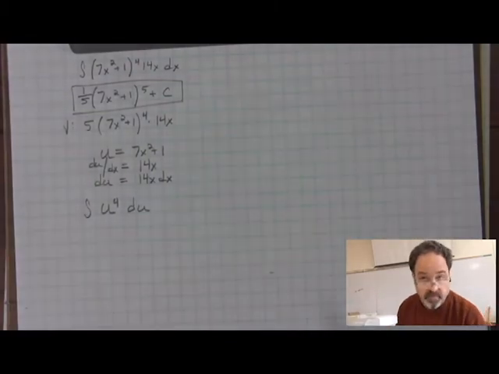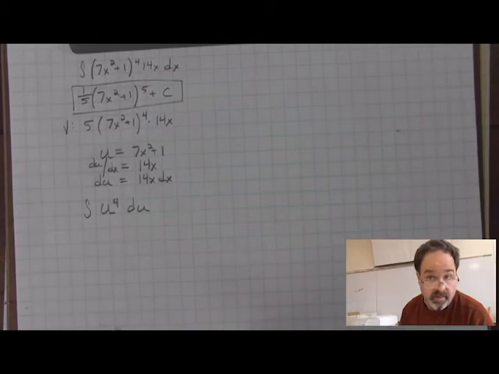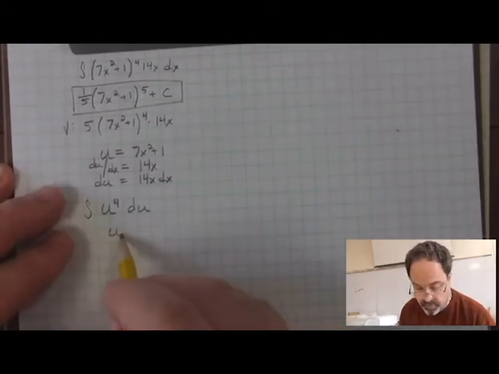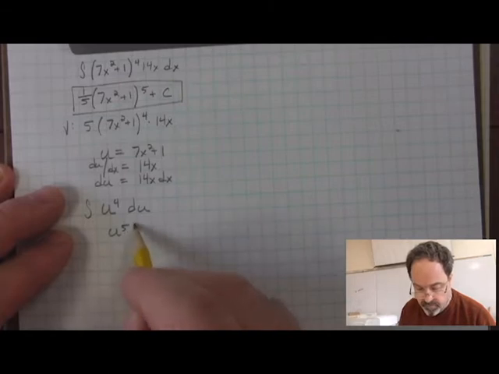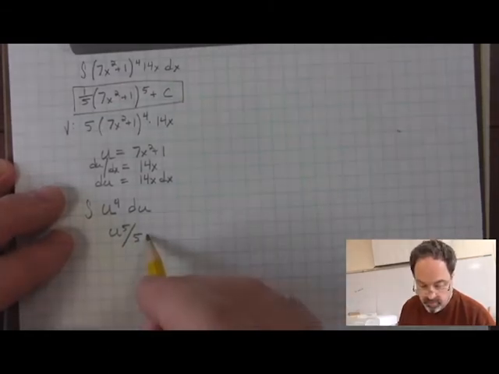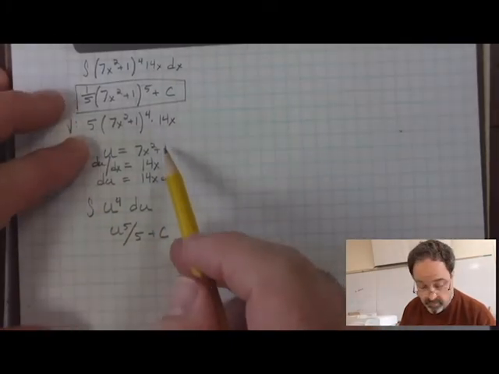When I've made these substitutions, the integral that I have created here is quite easy to integrate. It's simply a power rule for integration, so I get u, raise the exponent, divide by the new exponent, plus c. But I don't want to express my answer in terms of u. I have to resubstitute what I've decided u to be.